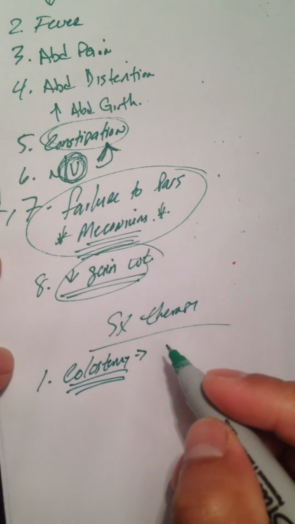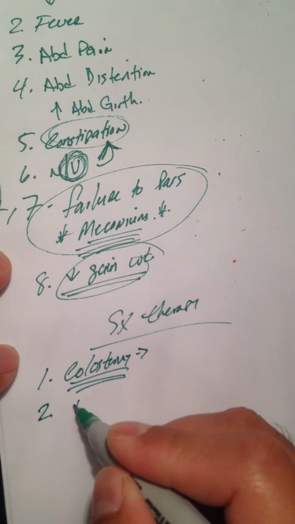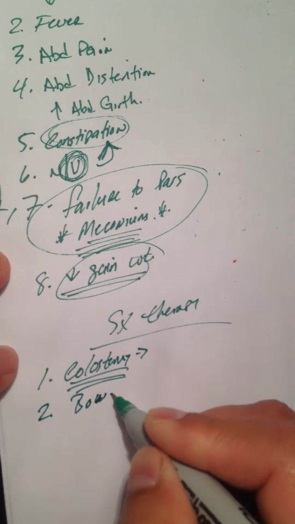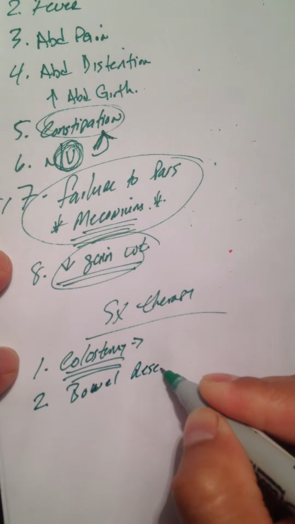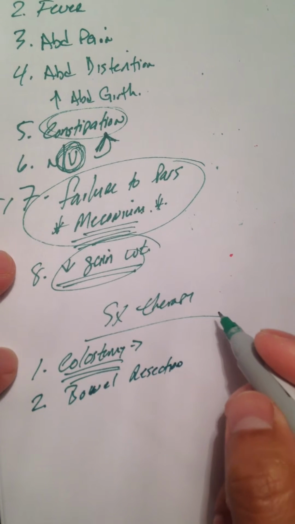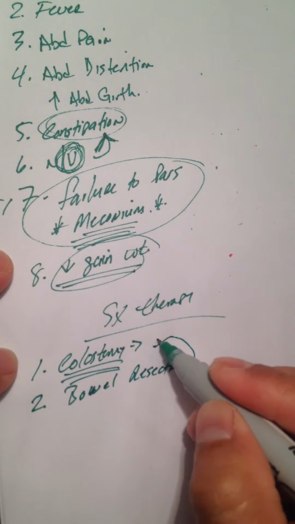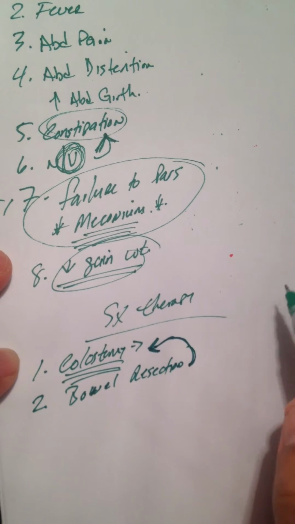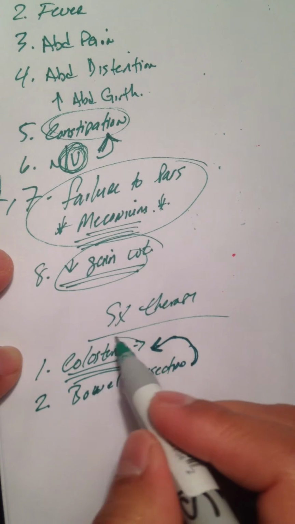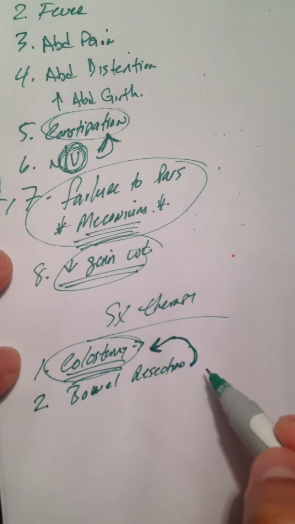So the colostomy may be put in place. Or number 2, a bowel resection to remove the part of the bowel that is affected. So a bowel resection may be performed. And then a colostomy may be put in place to again let that bowel heal. Once it is healed, then the colostomy may be removed.